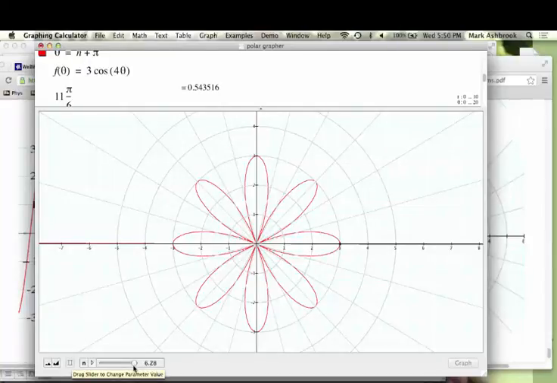Okay, find the area. So this is for your sheet now. Find the area of one petal for your sheet.